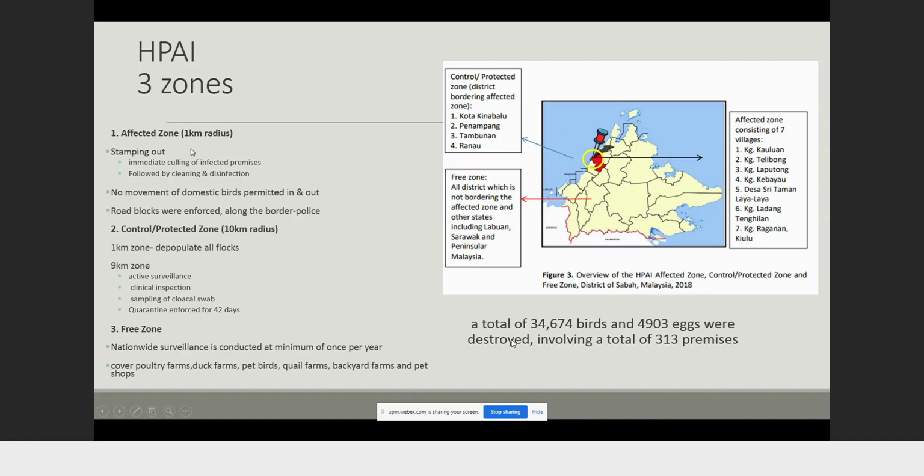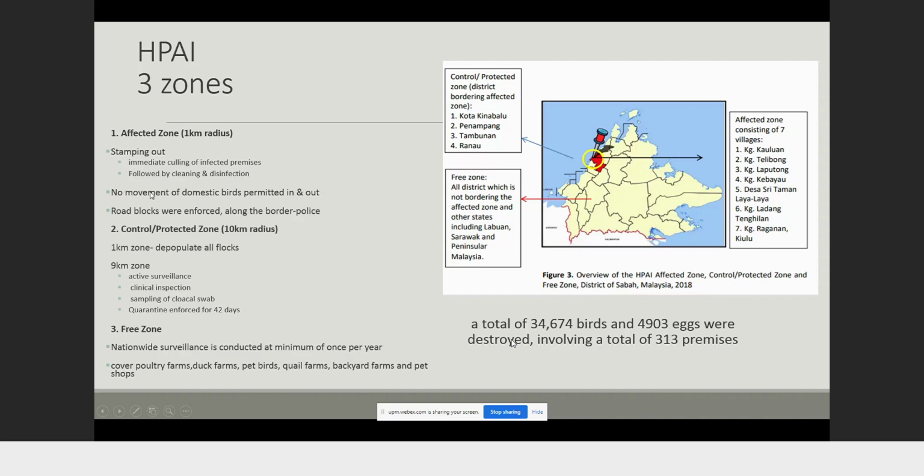So the affected zone: from where the outbreak happens, in a 1 kilometer radius, there will be stamping out, meaning immediate culling of the infected premises. All of the chickens will be culled, followed by cleaning and disinfection.